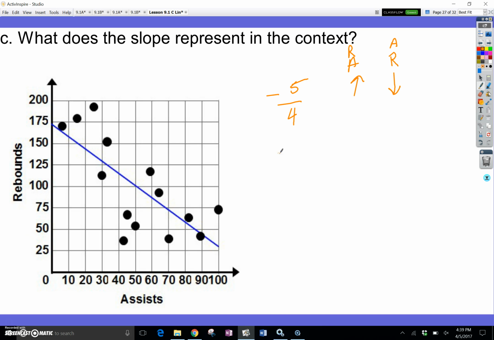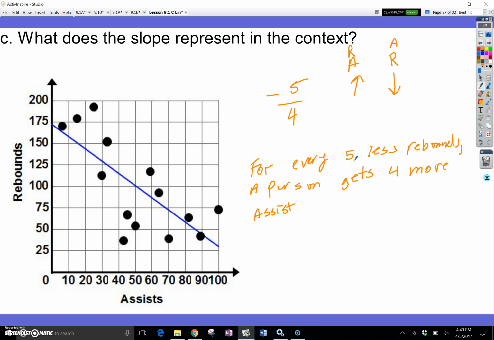For every 5 fewer rebounds a person gets, they get 4 more assists. So remember, 5 rebounds go down, 4 assists go up. If 4 assists go down, that means I'm going to get 5 more rebounds.